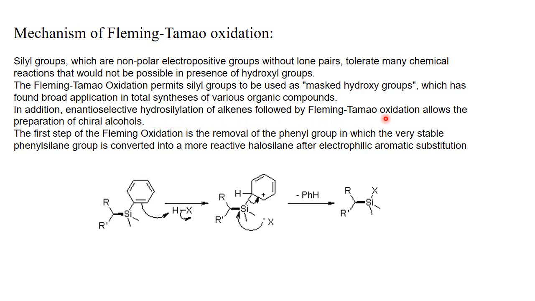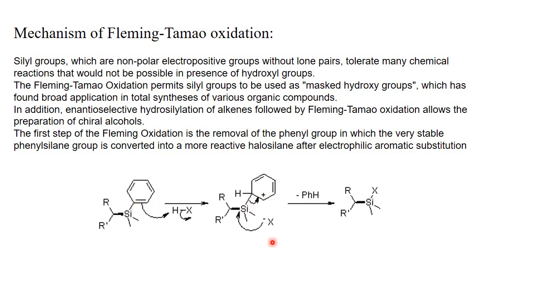This is an important point. Silyl groups work as masked hydroxyl groups, which has found broad application in total synthesis of various organic compounds. In addition, enantioselective hydrosilylation of alkene followed by Fleming-Tamao oxidation allows the preparation of chiral alcohol.